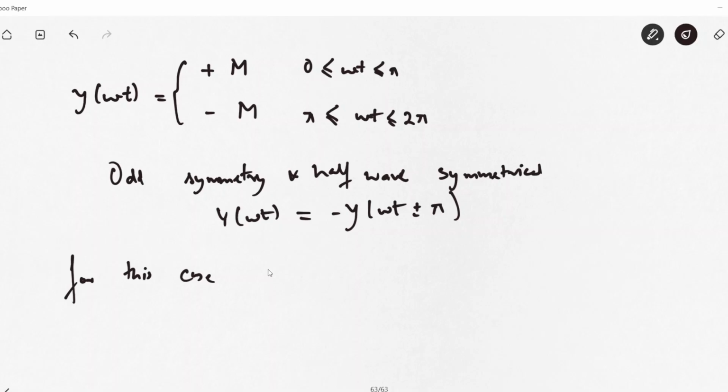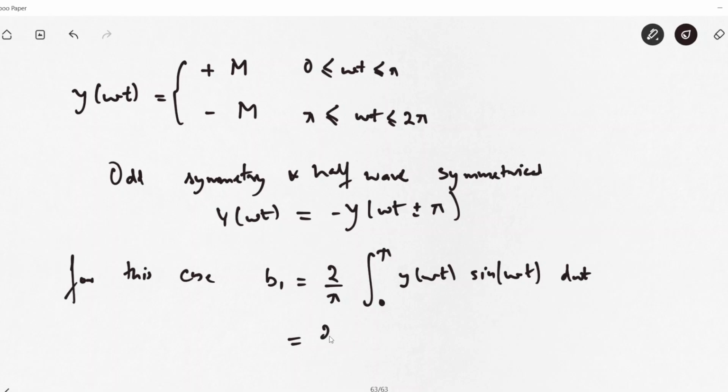So for this case, what we know is b1 will be equal to 2 by pi, integral from 0 to pi, we are taking it around the half time period, y of omega t sine of omega t d omega t.